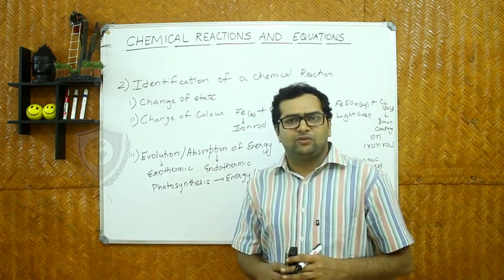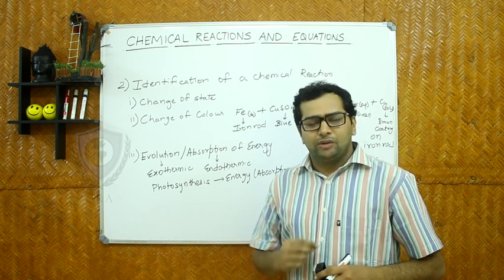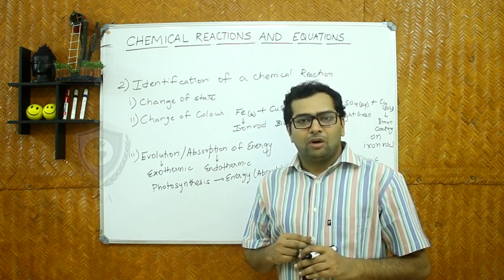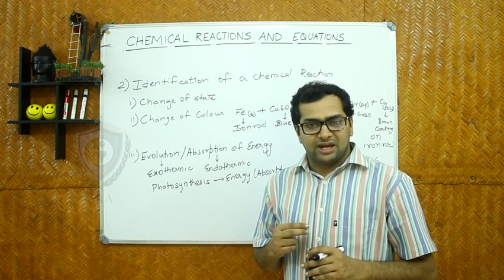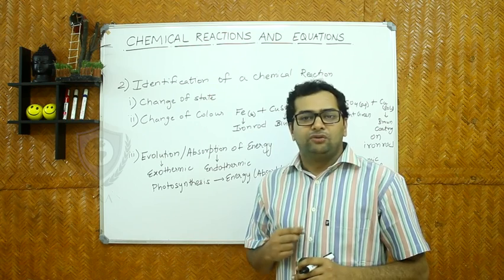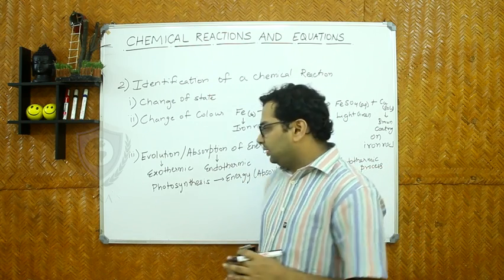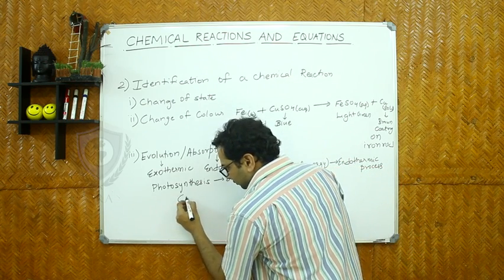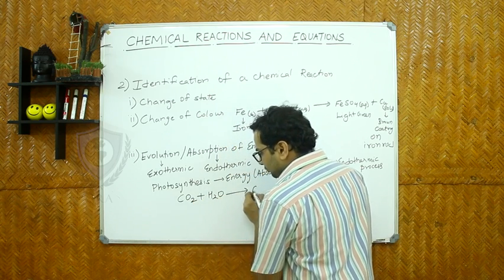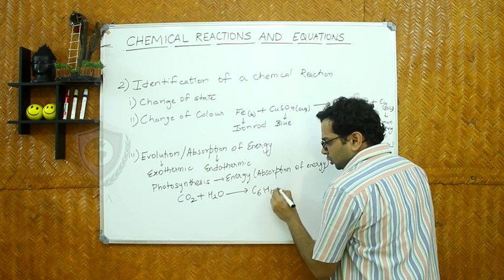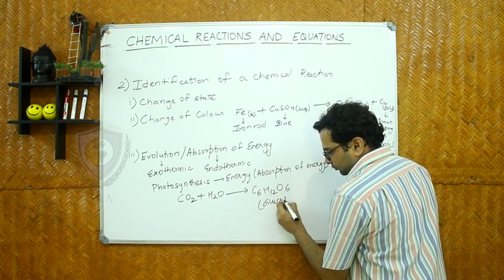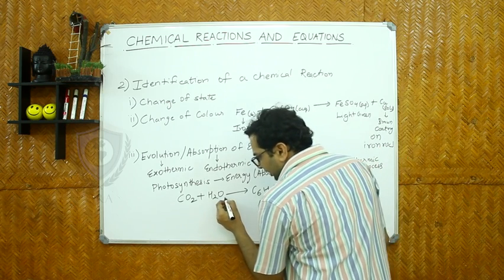So what happens in a photosynthesis reaction? You would remember from your previous classes that in photosynthesis the carbon dioxide and the water combine together to form glucose, right? So it is basically CO2 plus H2O forms C6H12O6, which is glucose, in the presence of energy.